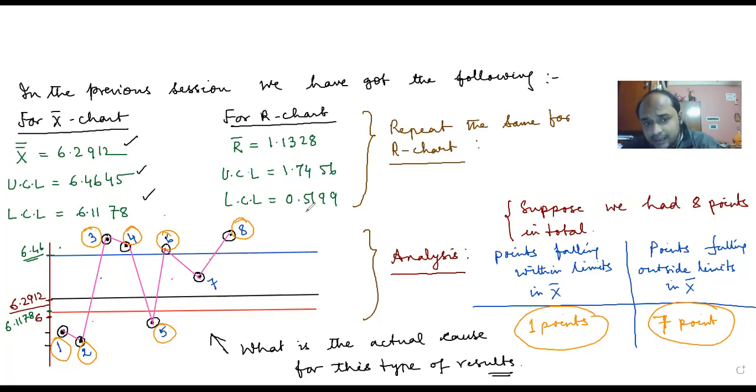You have to draw another diagram for the R chart, and see what is happening. You can ask me one question: if the X bar chart is showing everything, what is the point in drawing the R chart? I'm going to explain that to you right now.